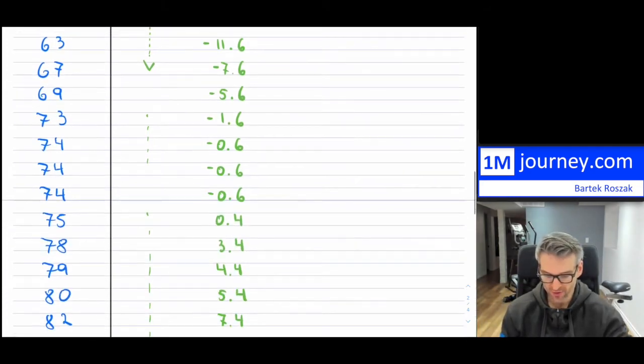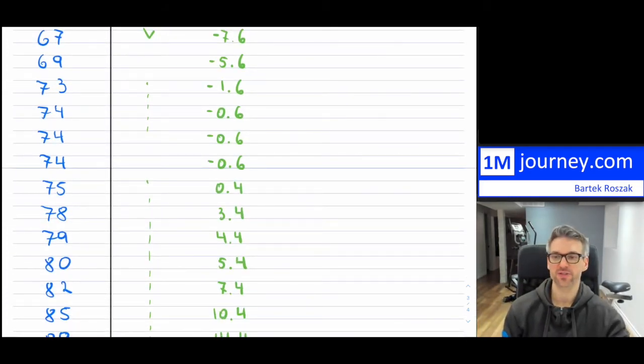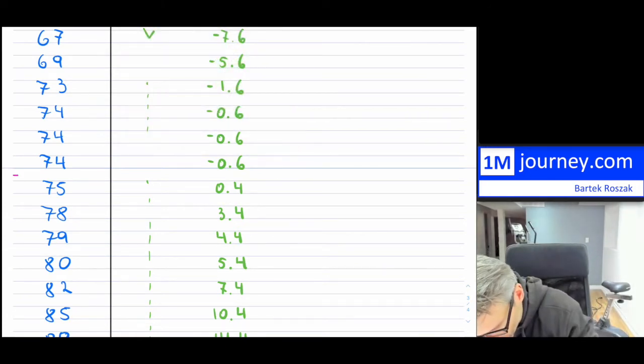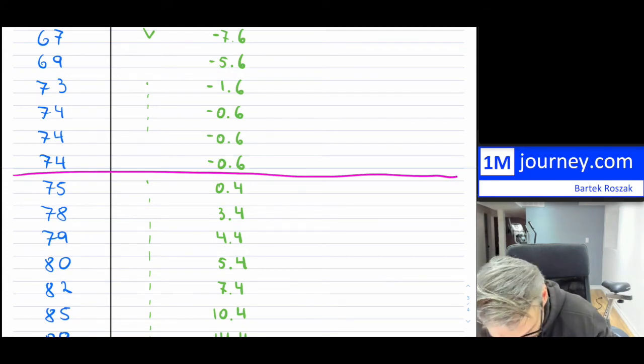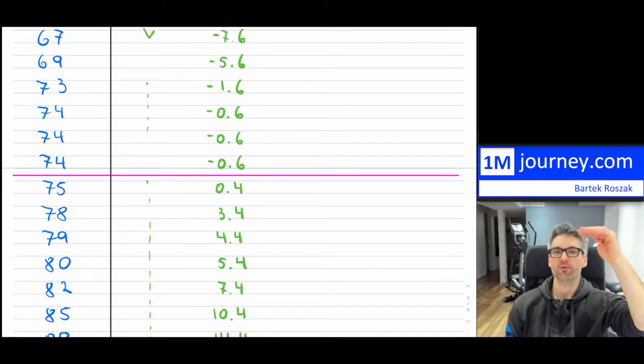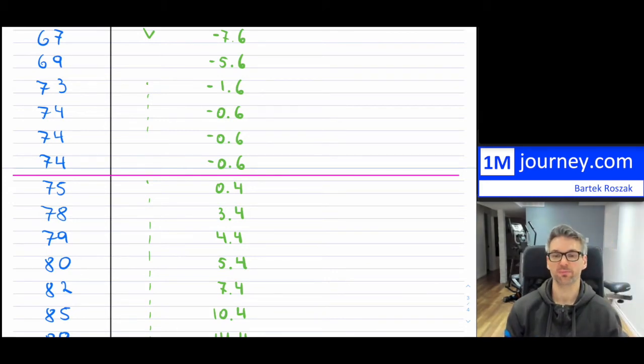And then eventually we kind of run out of the negatives, and then we start going positive. And again, that's because the mean is basically 74.6. So you will notice that in this kind of split right here, because that's around where the mean is, that's where it separates the negatives from the positives.